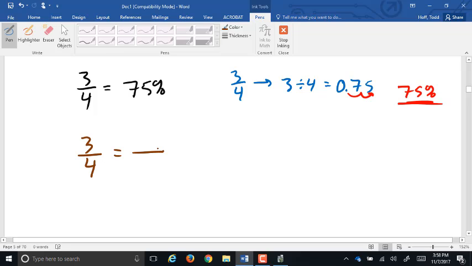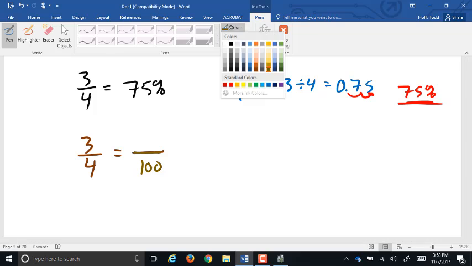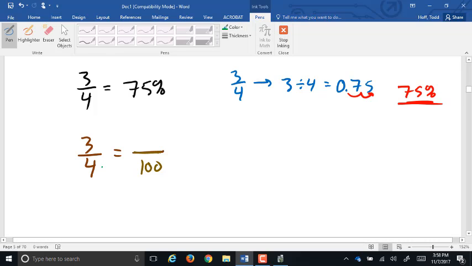A percent is always out of 100. Now, this one's pretty simple because what would I multiply 4 by to turn it into 100? 25. So 3 times 25 is 75.